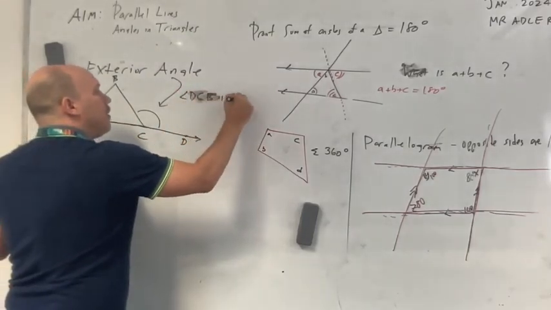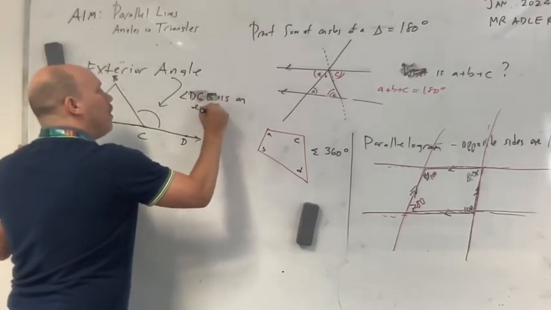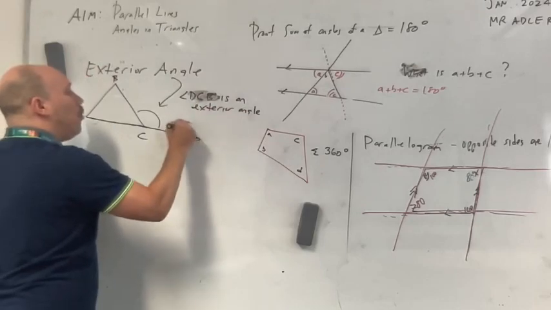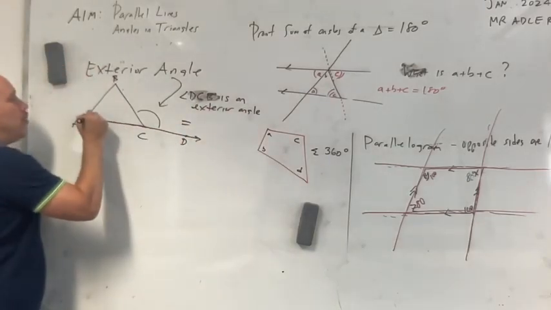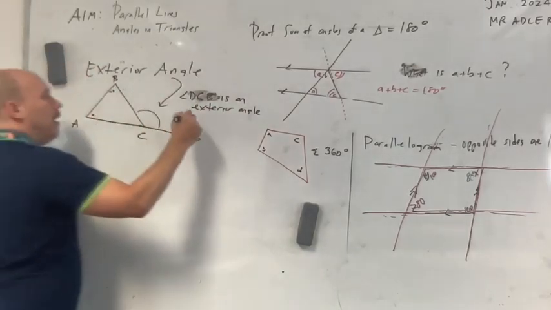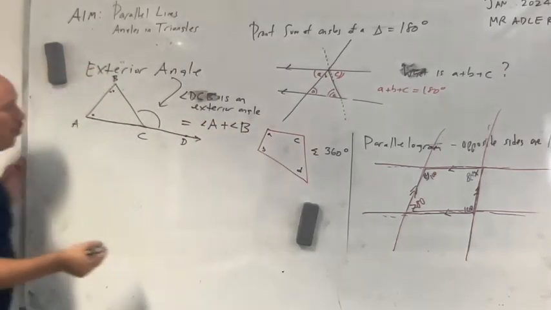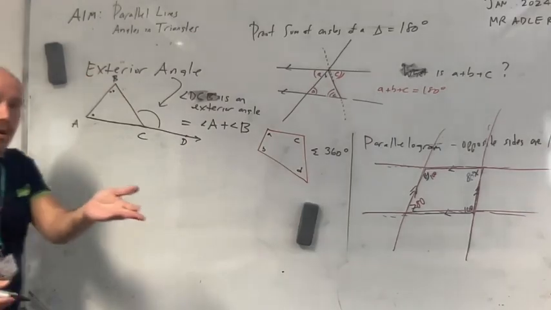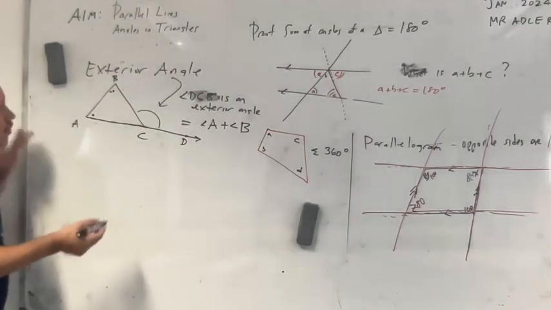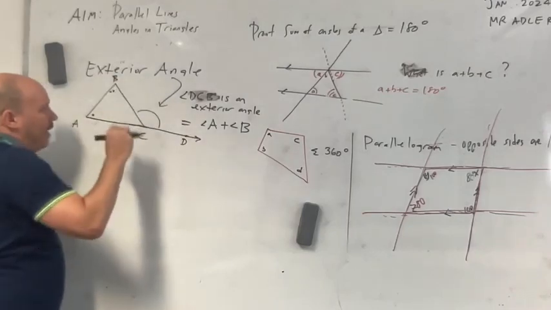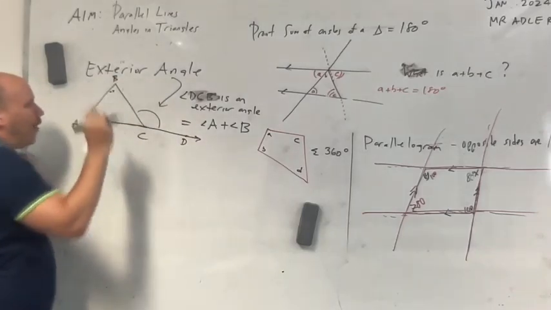DCB is an exterior angle. And to save time, I'm just going to tell you, it's actually equal to the two remote interiors, angle A plus angle B. You can prove that. Maybe try that on your own, to show that angle DCB is congruent to angle A plus angle B.